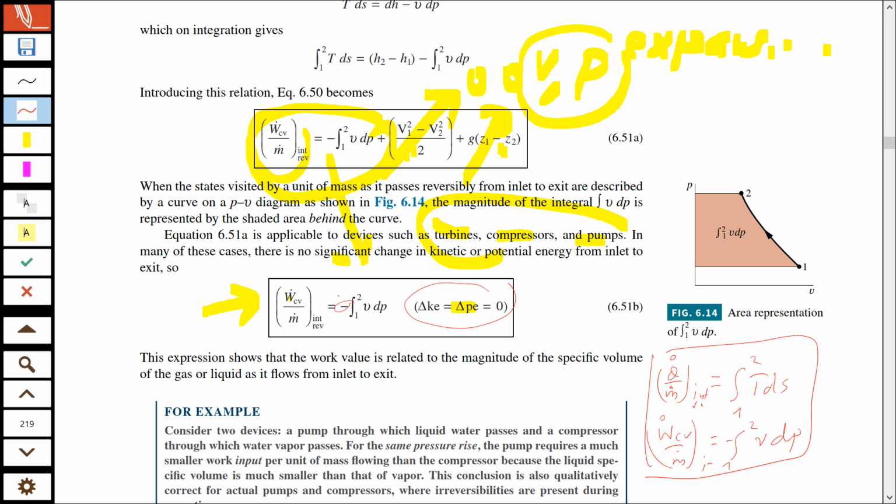This minus sign is a consequence of the fact that work done, when you write W, you mean work done by the system. And work done by the system means that energy is leaving the system. And Q, when we write Q, we mean heat transfer into the system. So that's why there is a plus.